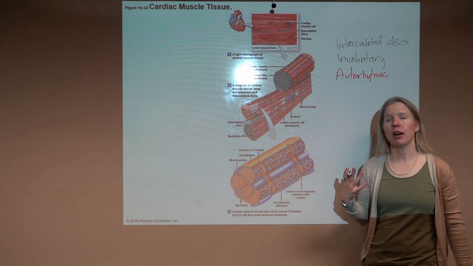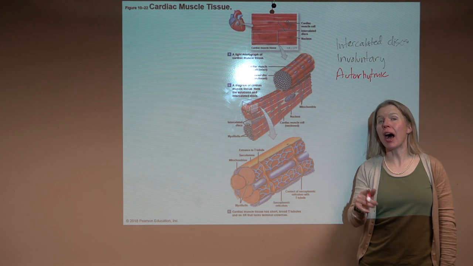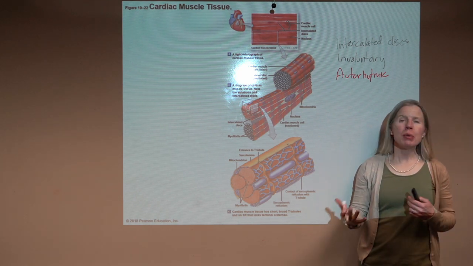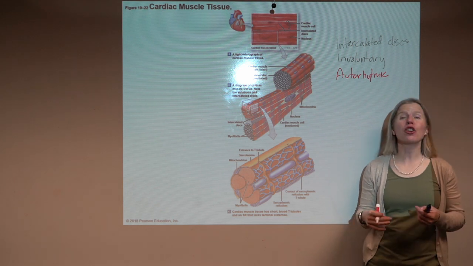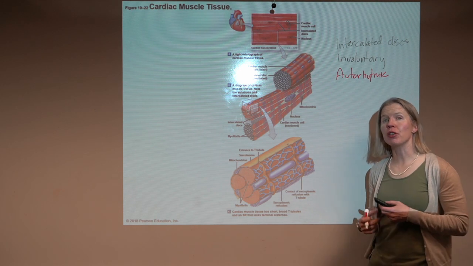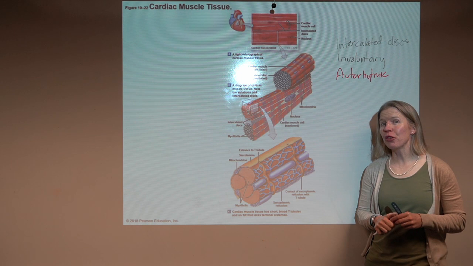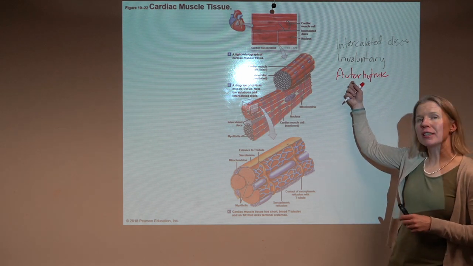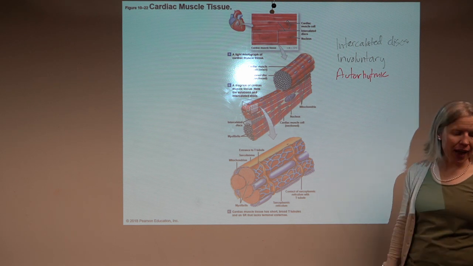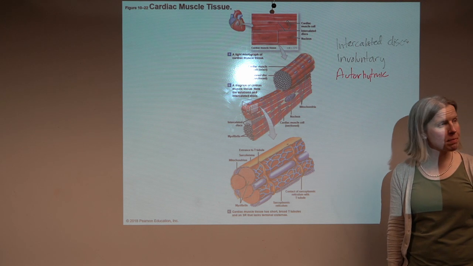Basically, these cardiac muscle cells can contract on their own. They do not need a neuron to come tell them to contract. Basically, the cell membrane's a little bit leakier. Some of them depolarize a little more rapidly and can trigger the depolarization in the rest of the cells. In the heart, those cells that depolarize the most quickly are called the pacemaker cells. And so they can contract on their own. So that's a little bit different.